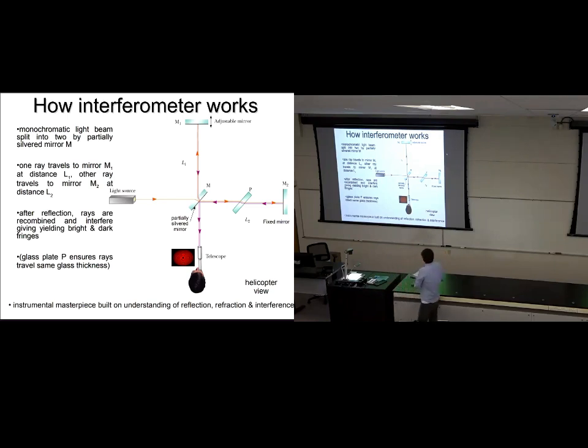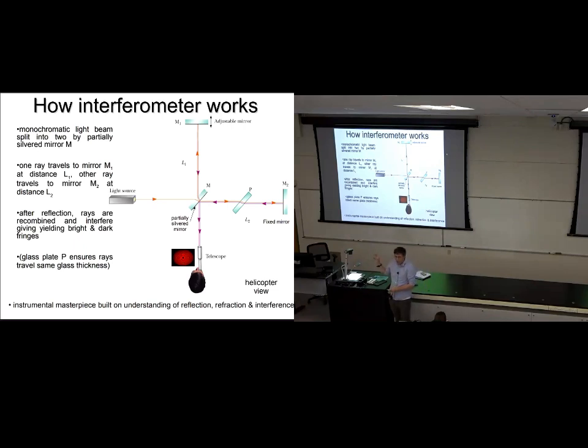So light is reflected back off this top mirror here. So the light rays that went upwards will come back downwards. The light that went over towards the right is going to be reflected off the right-hand mirror. The light rays that went right are going to come back towards the left. So they come back again towards this partially silvered mirror.